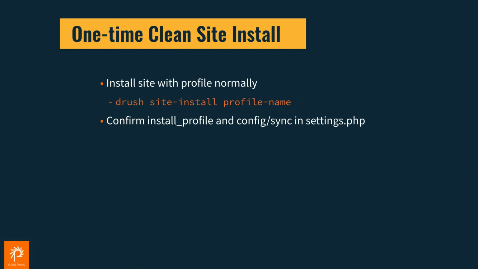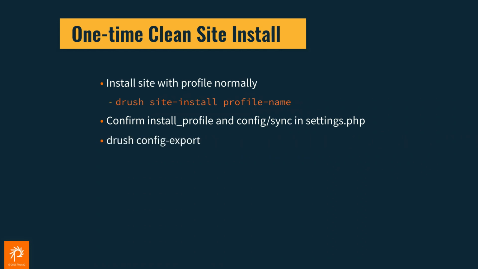So now go ahead and make sure that in your settings.php, you've got your config sync directory set. Back to that earlier step where we put it in config/default, go ahead and do that now. Put that in your settings.php. Confirm that the install profile is correct. That should have happened during install, but just double check that it has your profile name.